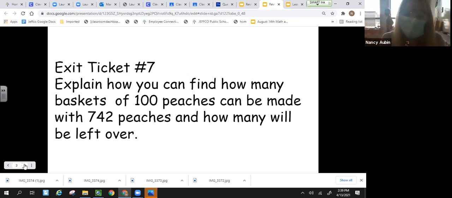How do we explain how many baskets of 100 peaches can be made with 742 peaches, and how many will be left over? So I asked some of you to draw 742 with a place value drawing. That would help. Here are some of our friends' answers.